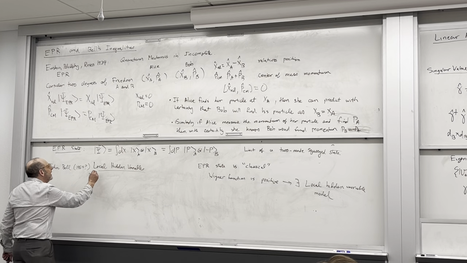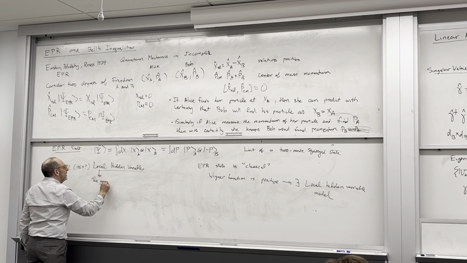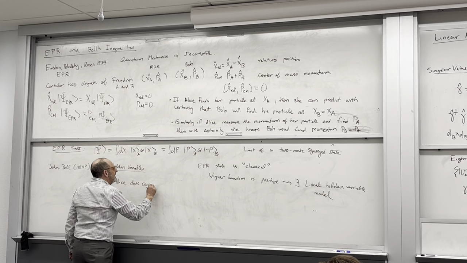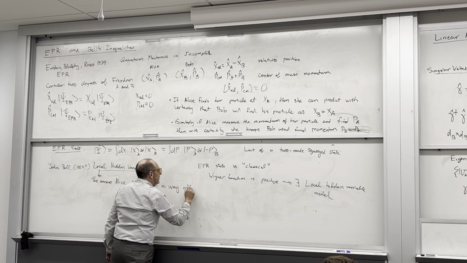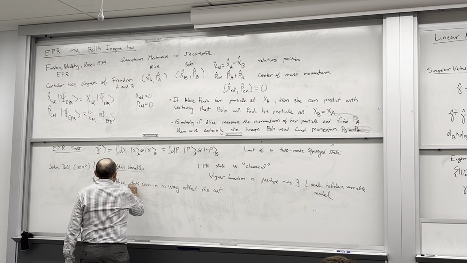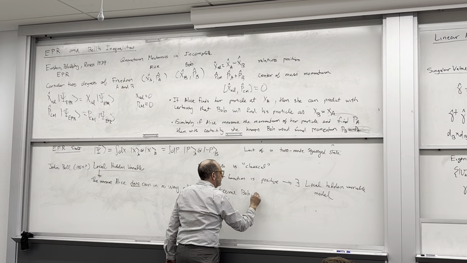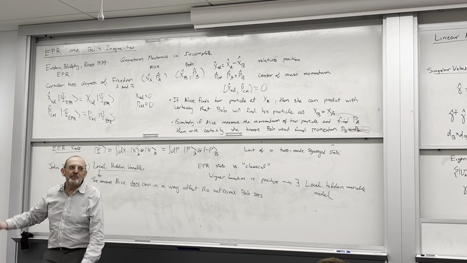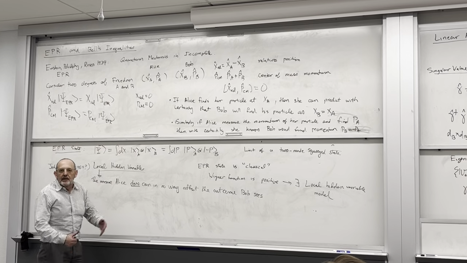So the locality is about the fact that the measurement Alice does can in no way affect the outcome Bob sees. Whether Alice chose to measure position or momentum on her particle in no way affects the outcome Bob is going to see.